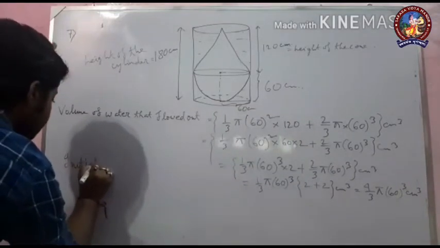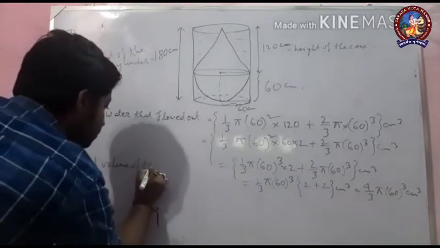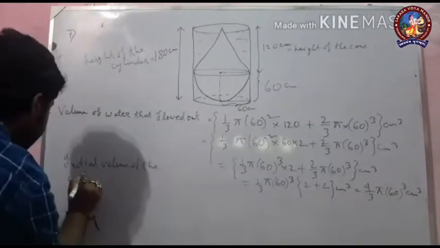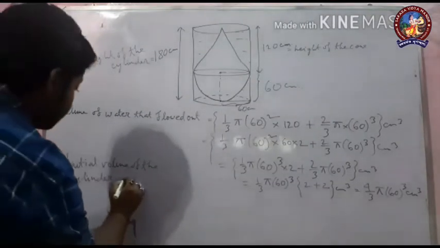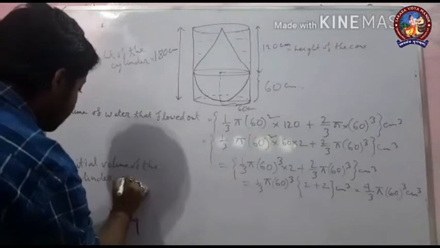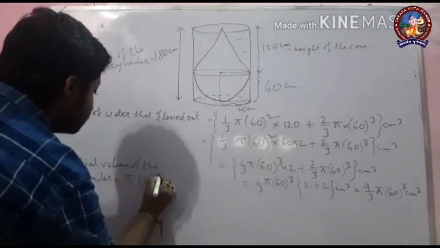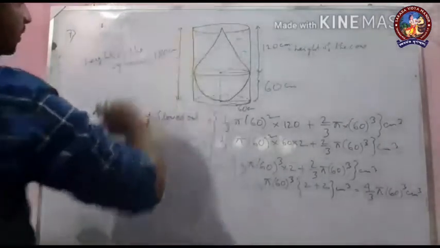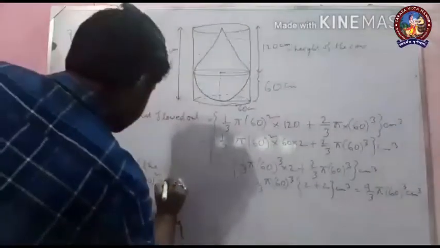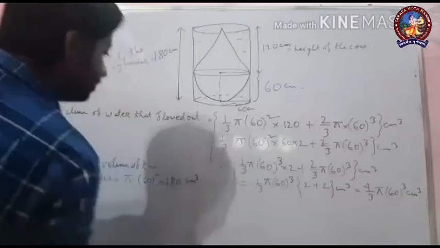Initial volume of the cylinder equals, what is the formula for the volume of cylinder? That is pi r square, that is 60 square into h. Here h is the height of the cylinder, that is 180 centimeter cube, right?